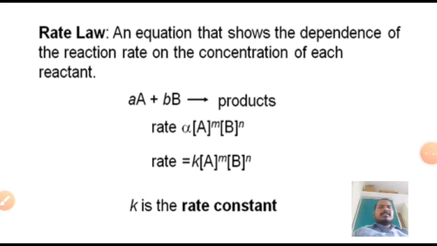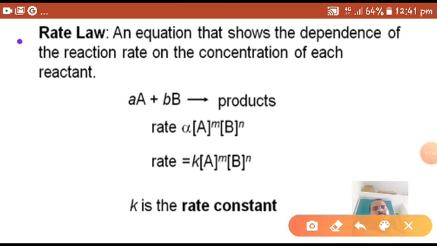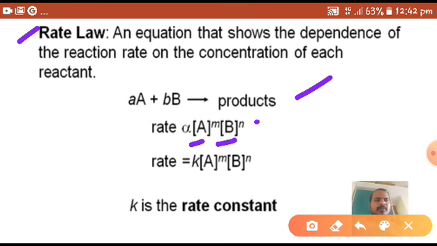So, what is rate law? It is an equation that shows the dependence of the rate of reaction on the concentration of each reactant. Here I am taking one general example: aA plus bB gives products. The rate of the reaction is directly proportional to the concentration of A to the power of m, concentration of B to the power of n.